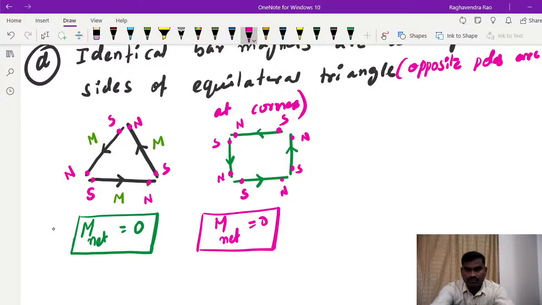So if identical bar magnets are arranged in the form of the sides of an equilateral triangle or a square with opposite poles at the corners of the triangle or square, then the net magnetic moment will be equal to 0.